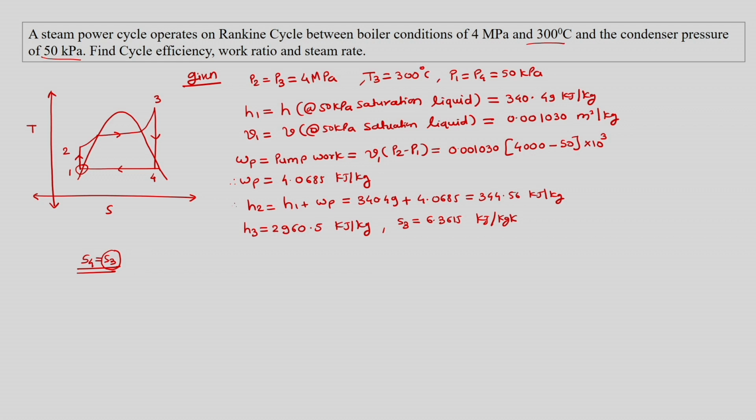But if our S3 is less than Sg, then we are in the wet dome as it is shown over here. So if 3 is somewhere here, then we might end up with our point 4 over here.